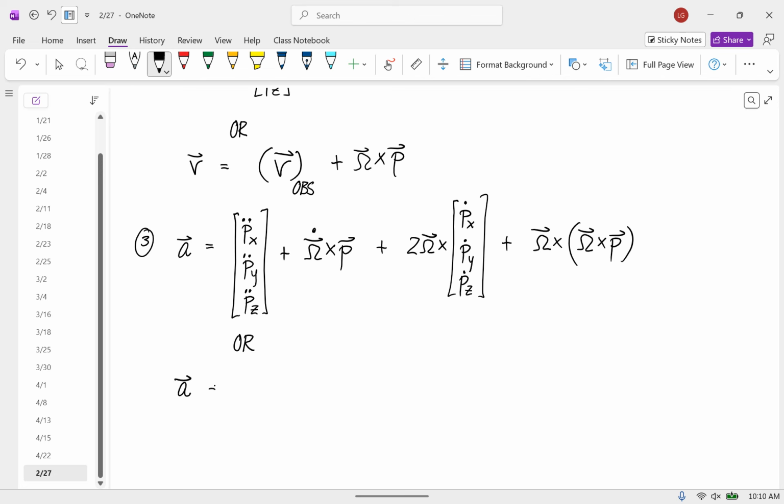We can write this as the acceleration is equal to what the rotating coordinate system thinks is the acceleration, the observed acceleration, plus omega dot cross p plus 2 times omega crossed with what the rotating coordinate system thinks is the velocity, plus omega cross omega cross p.